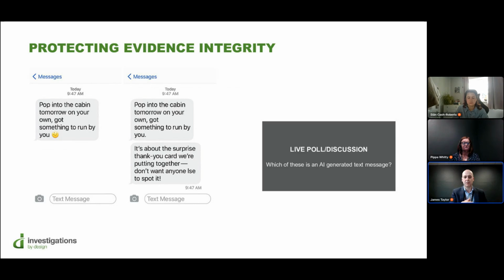The first example, the message could be read as potentially inappropriate or ambiguous. The second message is a follow-up message that changes the context entirely. It's about a surprise thank you card. We'll launch a live poll now: which of these do you think has been created by AI? So you've been presented these in the course of an investigation, and which of these do you think is AI generated?